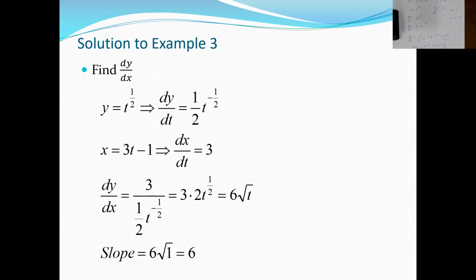So again, we're done. I'll summarize this real quick. My individual derivatives for dy dt and dx dt were 3 and 1/2 t to the negative 1/2. My actual parametric derivative was 6 times the square root of t, and my actual slope of the curve was 6.